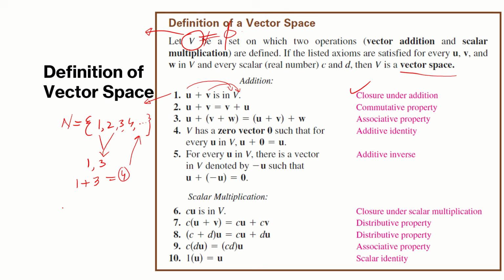That's a general concept regarding the set of natural numbers. The sum of two natural numbers is always a natural number. Similarly, the sum of two real numbers is always a real number.